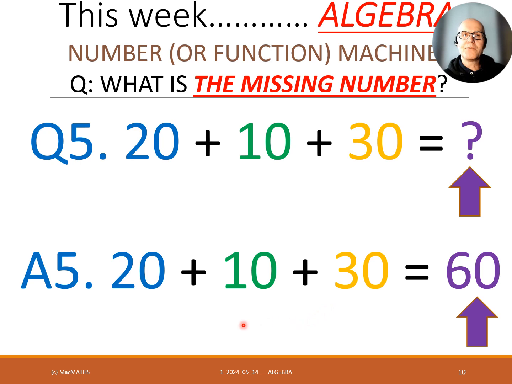These examples of number machines are basic forms of algebra. The next step, when we're talking specifically about algebra, is to replace numbers by letters.